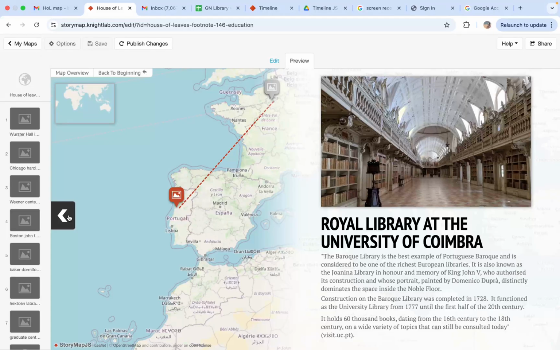This one was interesting. I was reading about it. There's too much information to paste, but this library in Portugal, some prisons have a library in them, but this library had a prison underneath it when it was built.